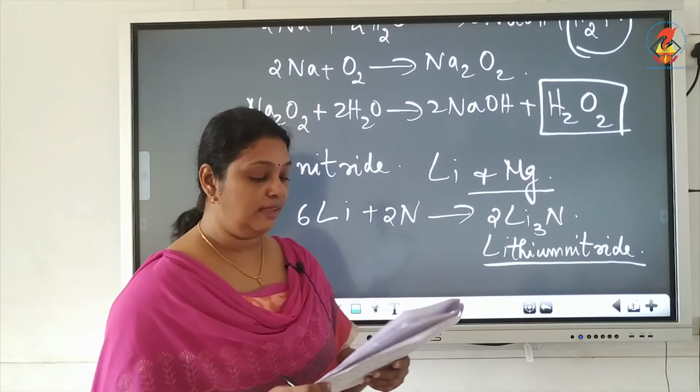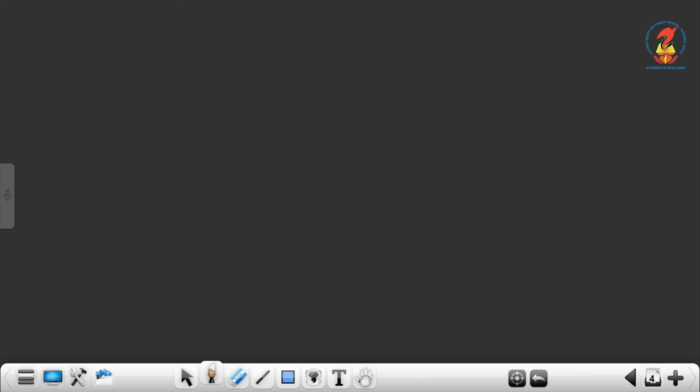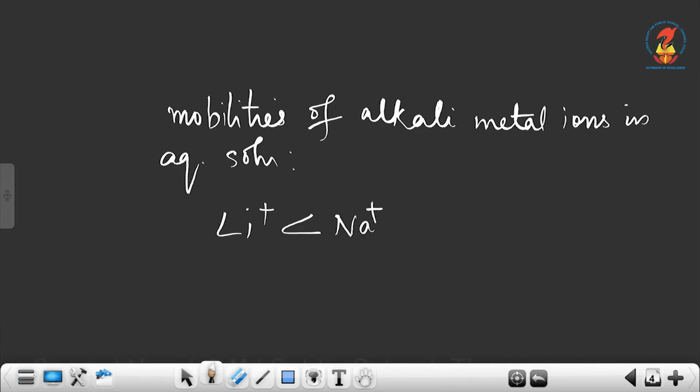Now the next question, the mobilities of alkali metal ions in aqueous solution. Mobilities means movement. The mobilities of alkali metal ions in aqueous solution is Li plus less than Na plus less than potassium, rubidium ion less than cesium ion.